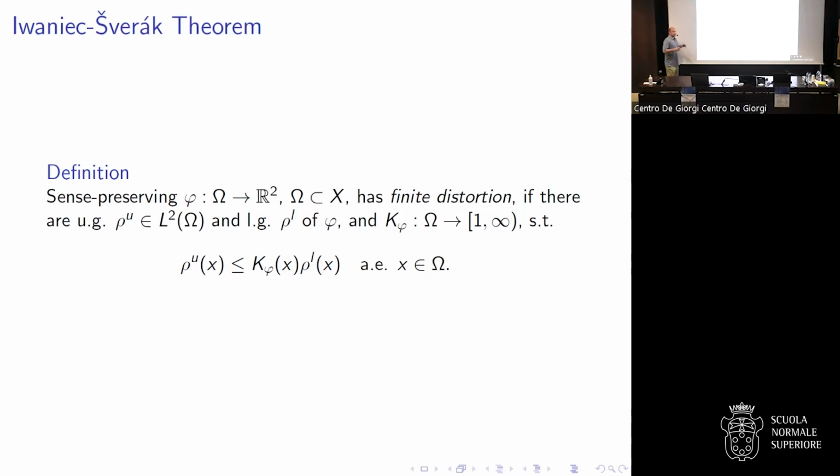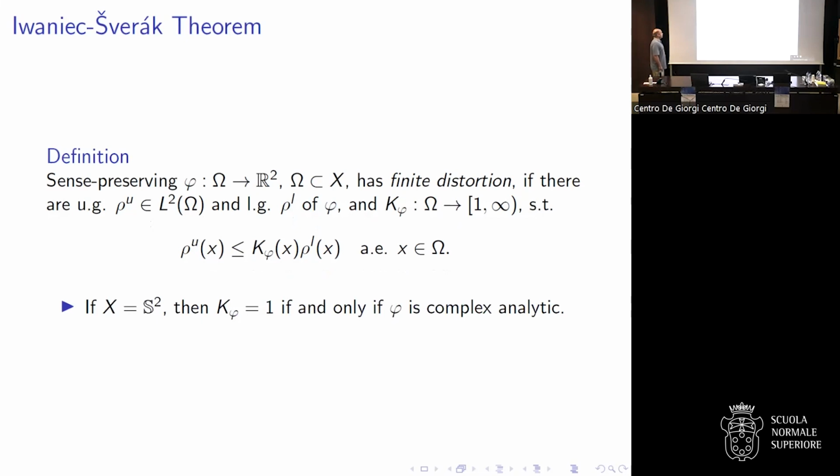Of course, they are equivalent in the plane. Everything is equivalent in the Euclidean plane or sphere. So if X is the standard two-sphere, then this definition is exactly one definition of complex analytic functions. So this class of mappings of finite distortion generalizes complex analytic functions.